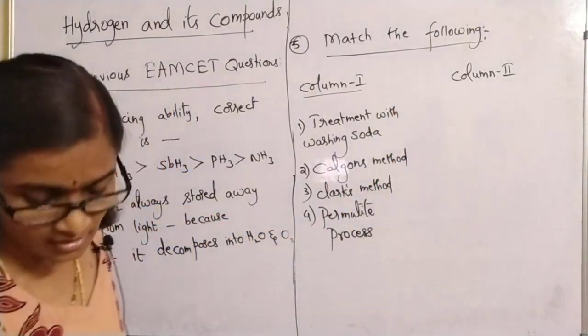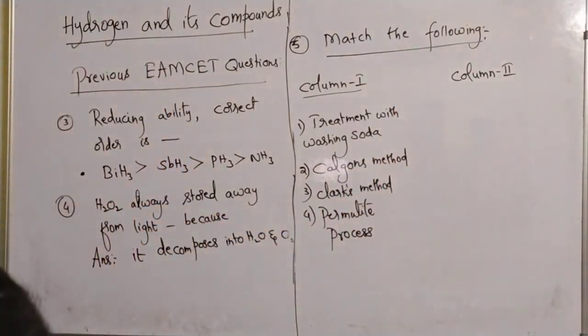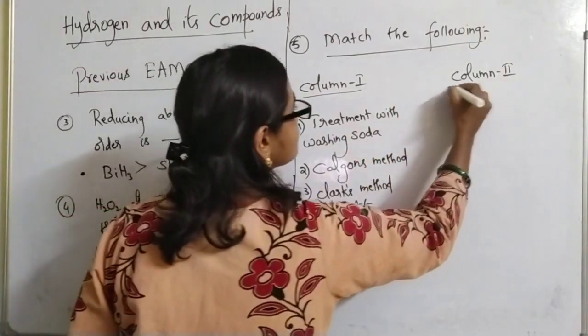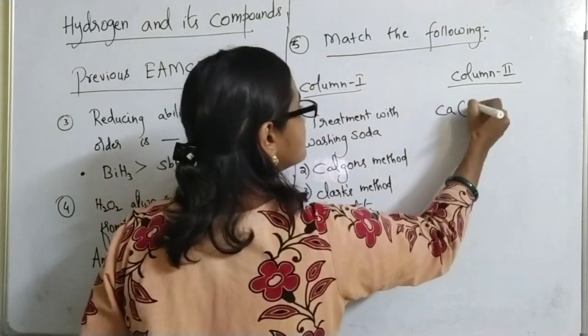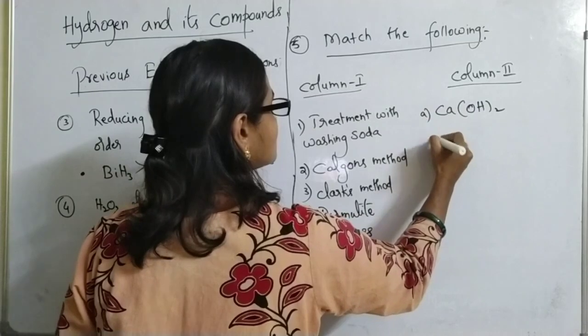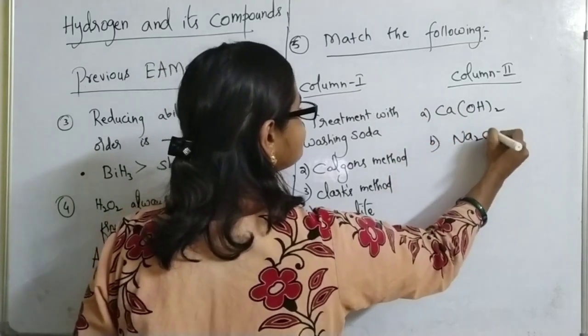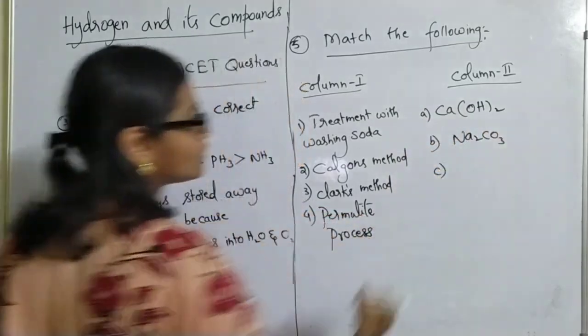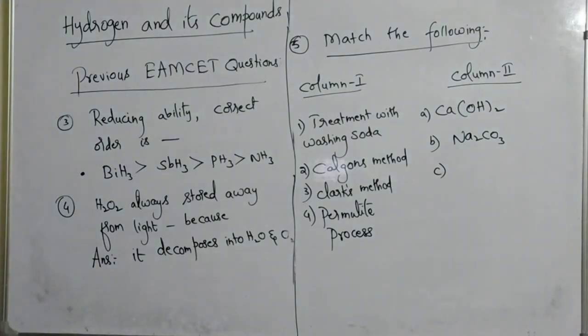Okay, in this, what are the options given on the other side? Ca(OH)2, Na2CO3, treatment with washing soda, washing soda itself is Na2CO3.